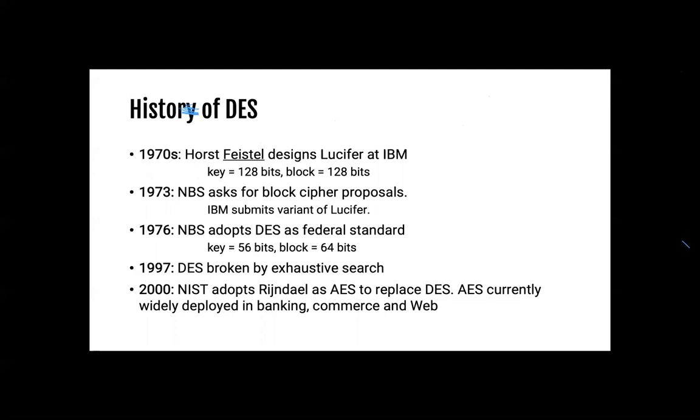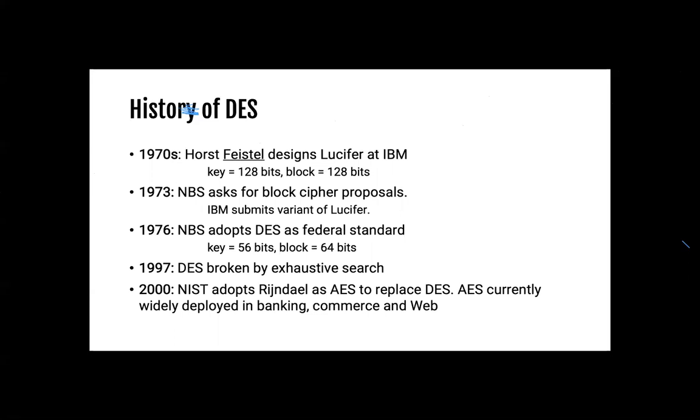So, history about DES. First of all, in the early 1970s, Horst Feistel designed Lucifer at IBM. Lucifer is another crypto system, and I would say Lucifer is like the ancestor of DES. DES is something that has been modified based on Lucifer. Lucifer has a key of 128 bits, and the block size is also 128 bits.